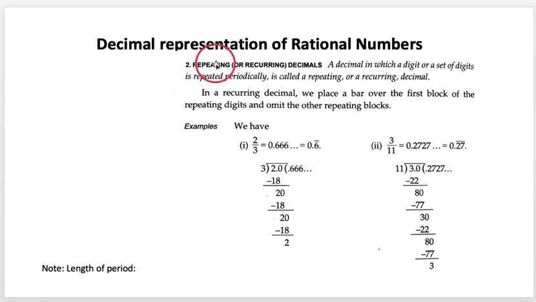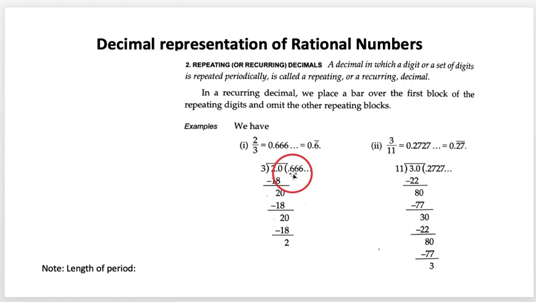Now repeating or recurring decimal. What is repeating and recurring? In some cases we notice, especially like 2 by 3, if we divide, what are we getting? You see that the number 6 is repeating. This is the reason we are saying repeating or recurring decimals.